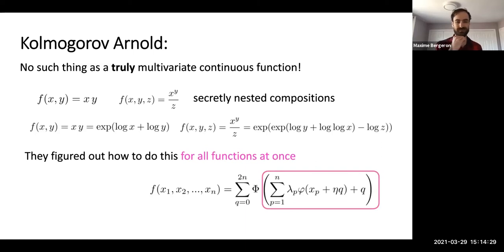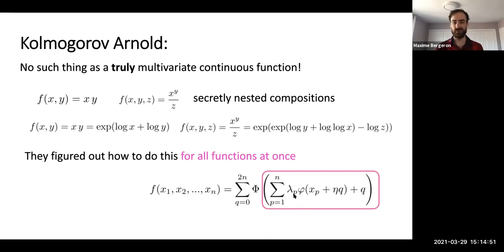functions at once. The exact terms of this expression aren't all that important, but basically there's this little phi and this big phi. This little phi is universal. It's the same for all functions of a given dimension. So you give me any function with n inputs, there exists a universal little phi.